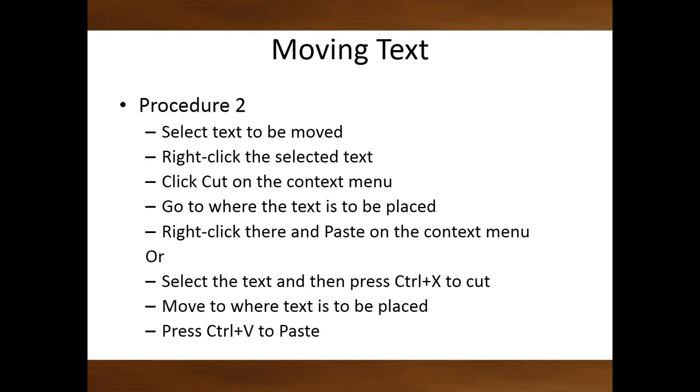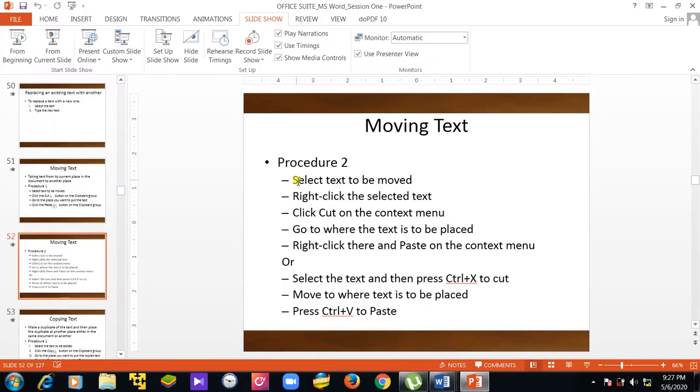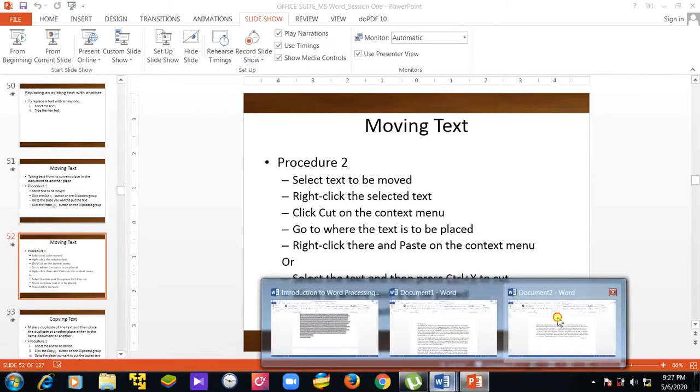Step 3. Click Cut on the context menu. Step 4. Go to where the text is to be placed. And step 5. Right-click there and click Paste on the context menu. Let us look at the procedure practically.